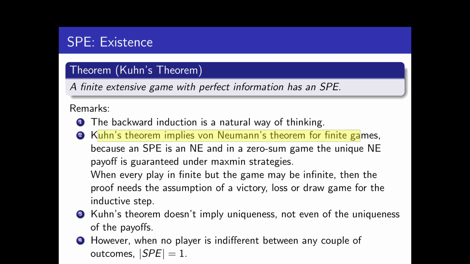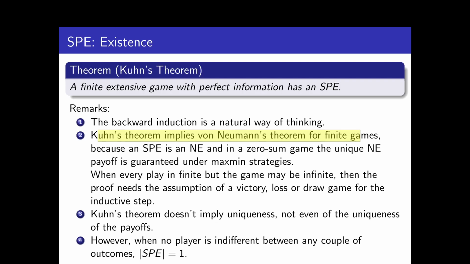Now, it's important, however, that we do constrain the algorithm to finite games. When we spoke about von Neumann's theorem, it was enough that each path was at most something, that the longest path was bounded.